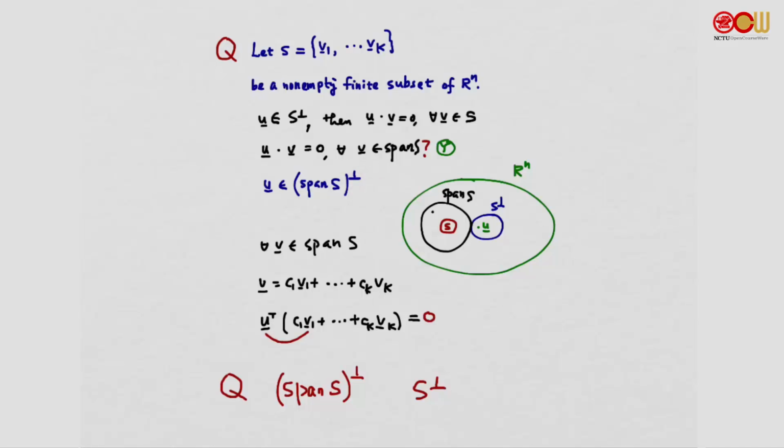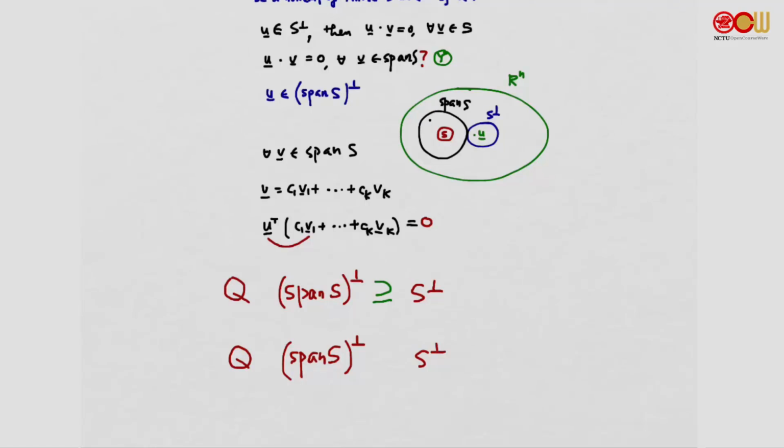Which one contains which one? Does span S perp contain S perp, or does S perp contain span S perp? It is this way, right? We would like to ask if the other way around is also true.